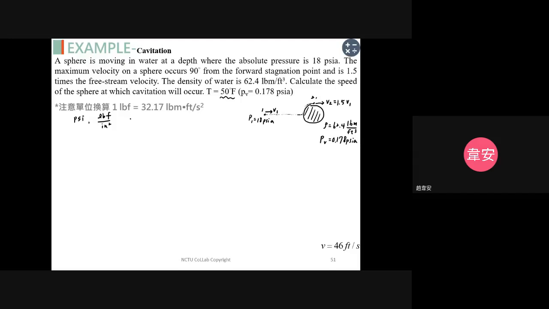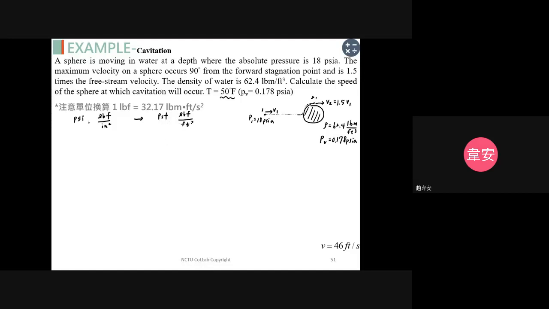If you would like to convert PSI into PSF, what is PSF? PSF is pound force divided by ft squared.